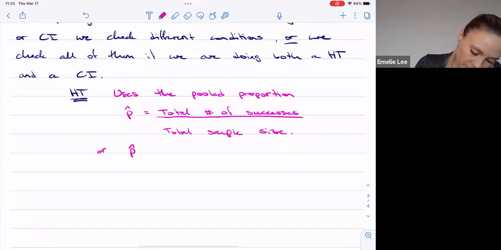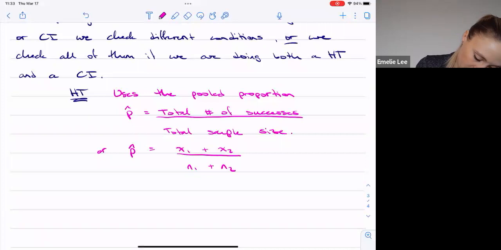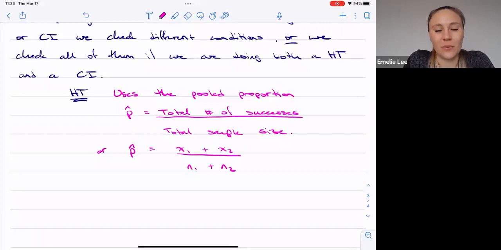Or if you prefer, it's x1 plus x2 over n1 plus n2, or n1 p1 hat plus n2 p2 hat. But usually I would find my successes separately so I don't bog down that calculation. Even if you're given the sample proportions for each sample, right away you can calculate the number of successes, and then you can use this easier formula than the everything in one.